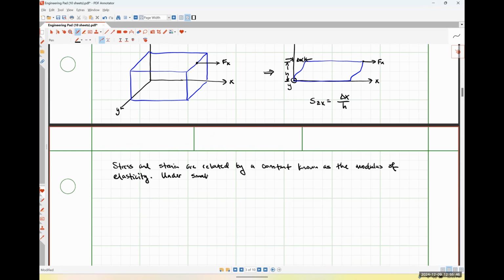Under small deformations, stress and strain are approximately linearly proportional.